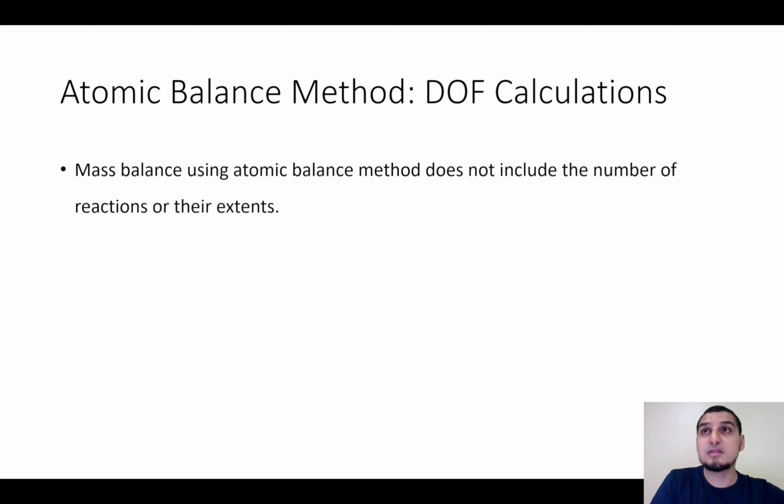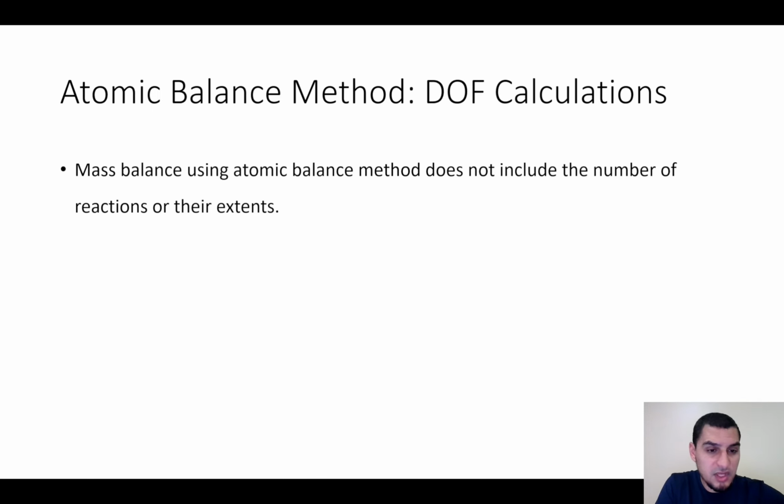In all the systems that we mentioned before, for separators, for mixers, for whatever, we said that the number of equations is equal to the number of compounds, or number of species that we have in the system. So this is something that is very important to notice.